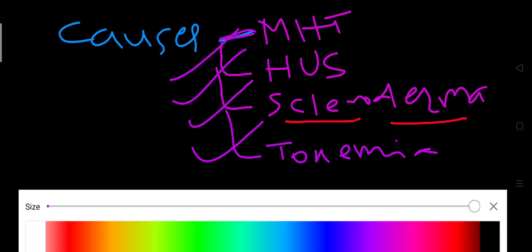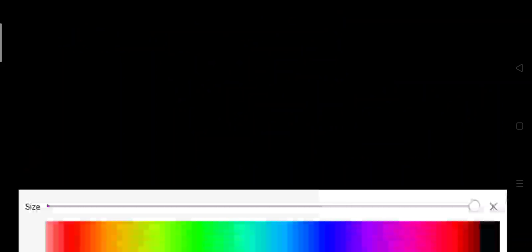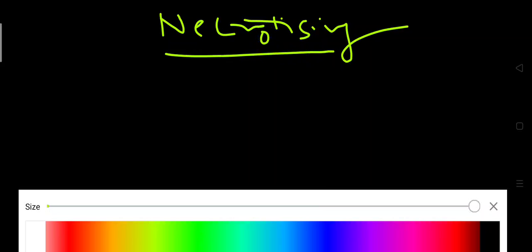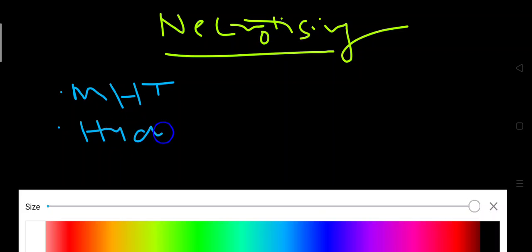Now the third form under hypertensive arteriosclerosis, that is necrotizing arteriosclerosis. Generally it occurs in malignant hypertension, and it is commonly associated with hyaline arteriosclerosis, but not necessarily.